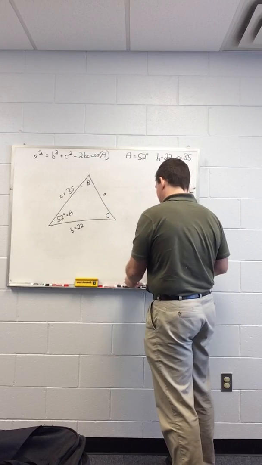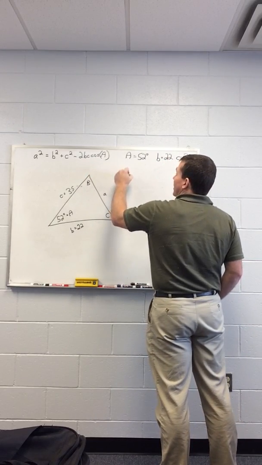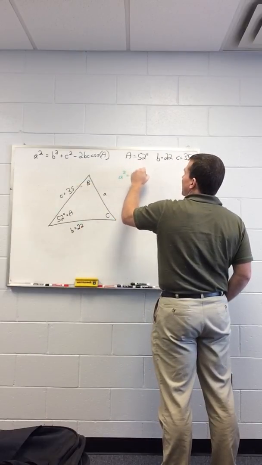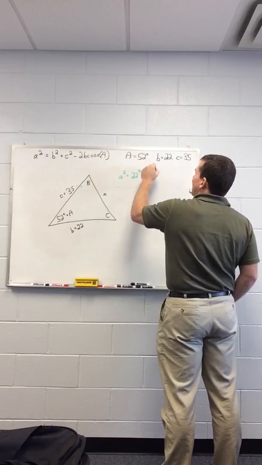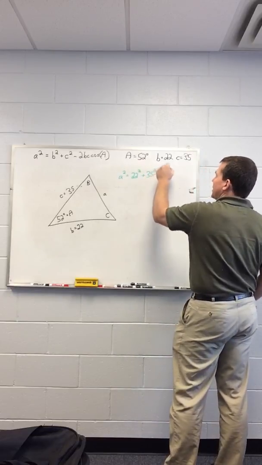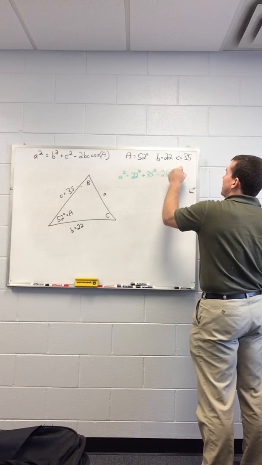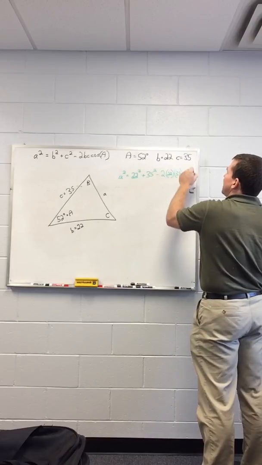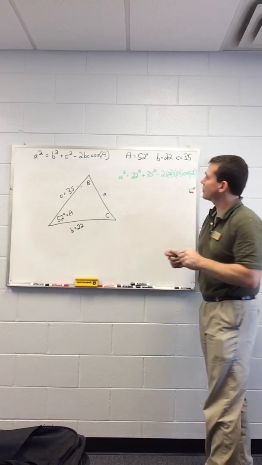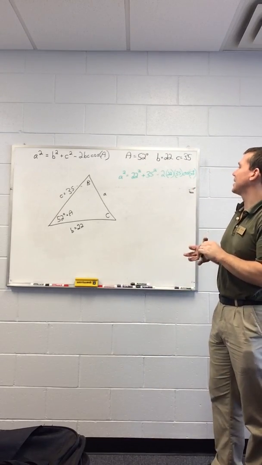The way it works is using a formula. A squared is equal to B squared, B is 22, so 22 squared, plus C squared, 35 squared, minus 2 times B, which is 22, times C, which is 35, times cosine of the angle, which is 52 degrees. Plug all of that into your calculator.